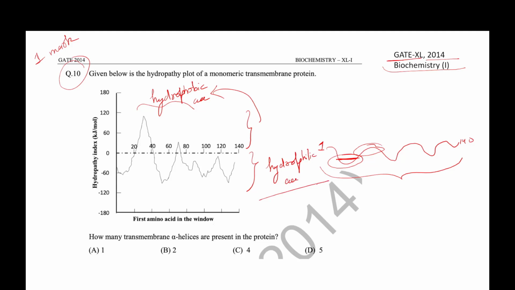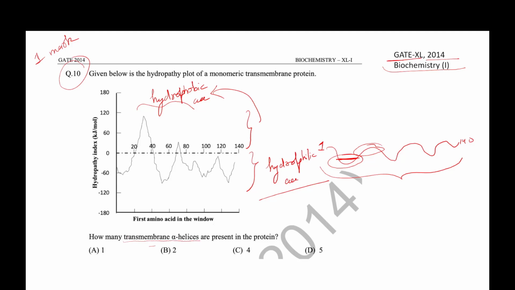That is how this graph can be read. Now it has been asked how many transmembrane alpha helices are present in the protein.